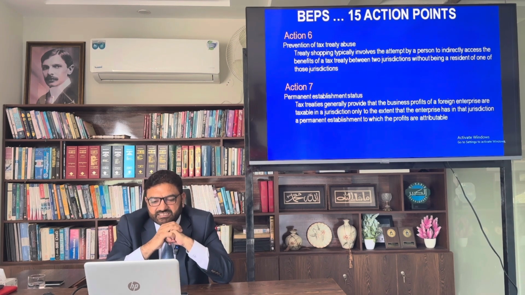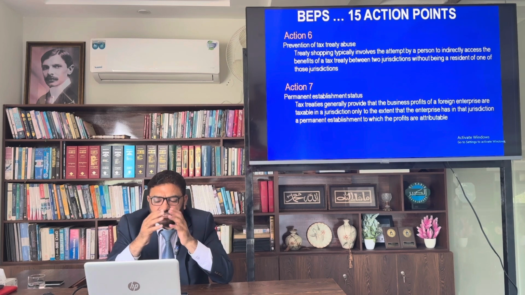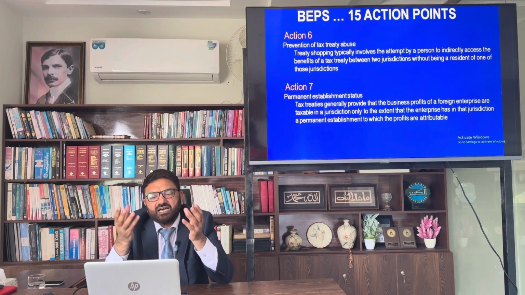And Action 7, permanent establishment status. Tax treaties generally provide that the business profits of foreign enterprises are taxable in the jurisdiction only to the extent that the enterprise has in the jurisdiction a permanent establishment to which the profits are attributed.